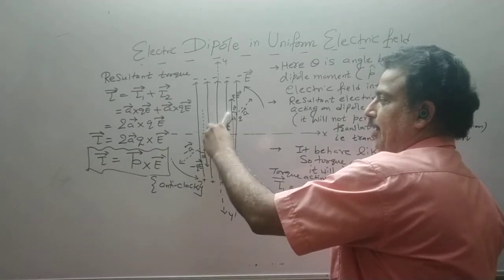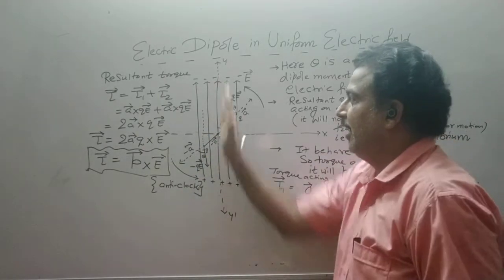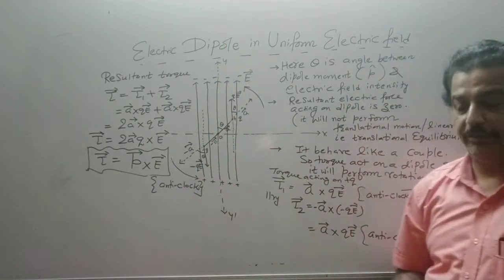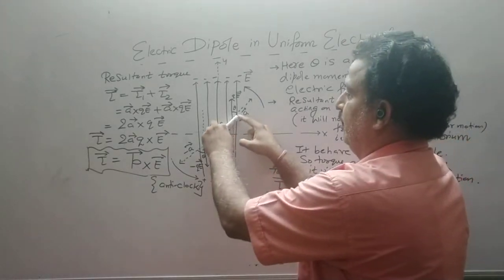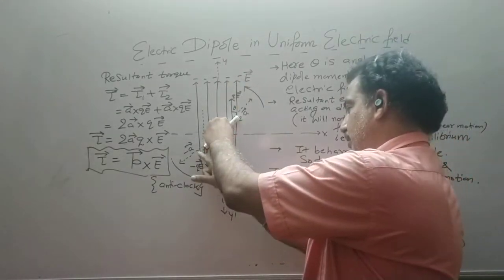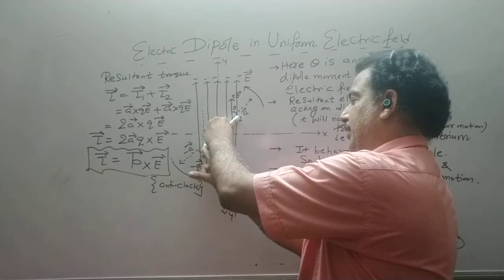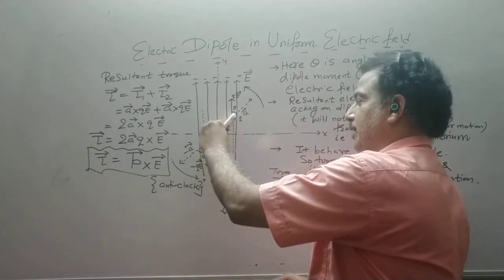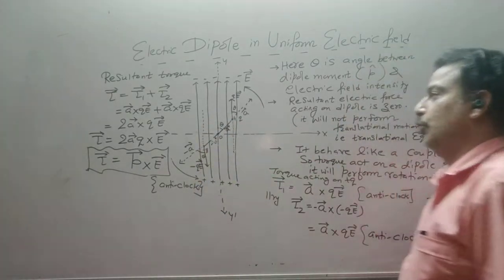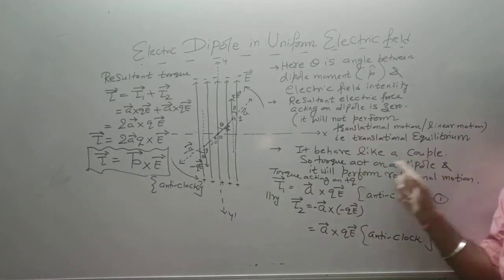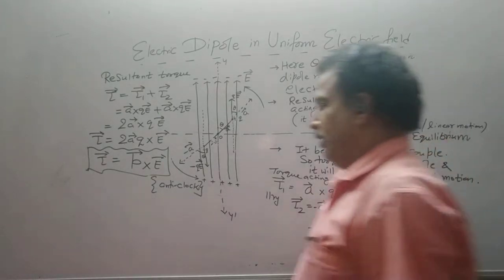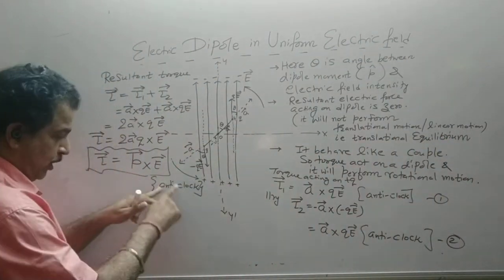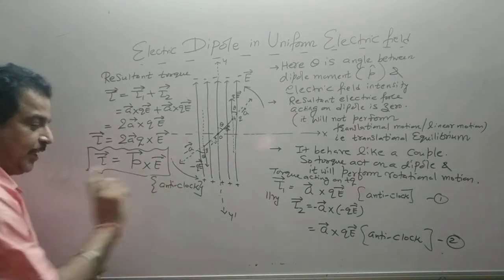We will see, it will rotate till it gets aligned in the direction of the field. So this plus charge will be attracted towards minus, and this minus will be attracted towards plus, and it will start performing rotational motion because it is behaving like a couple.